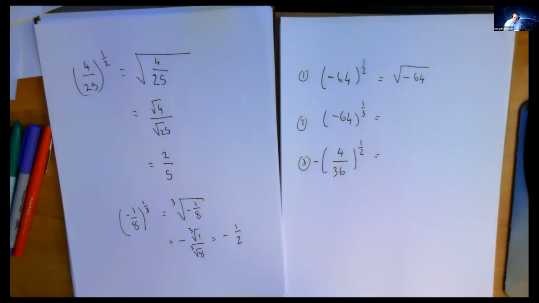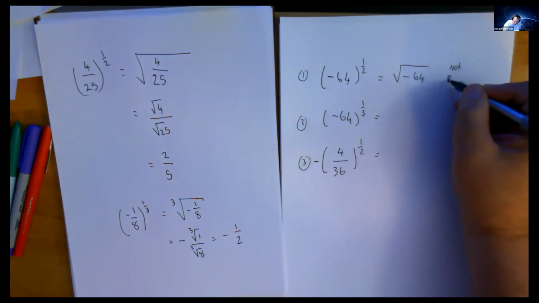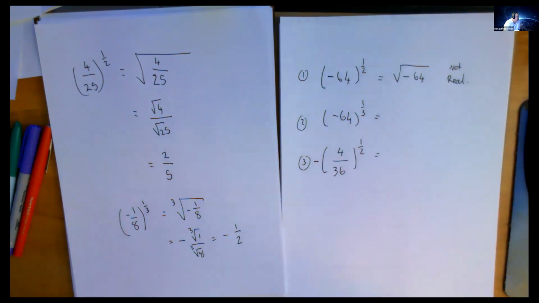Okay, here's the first one. Negative 64 to the power of half is the square root of negative 64. What does that get you? Not real. I hope every time this happens, it becomes easier and easier to recognize them. And it's just practice.